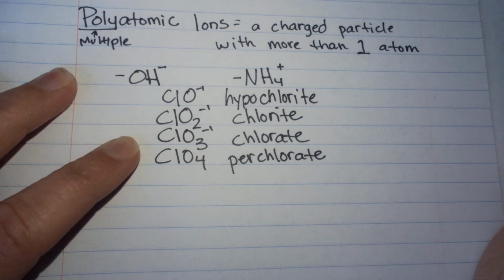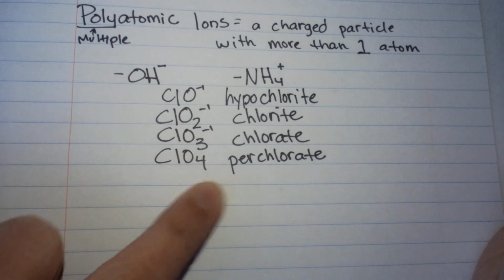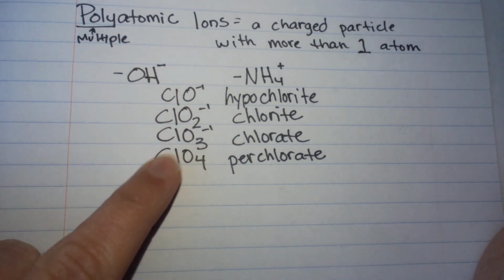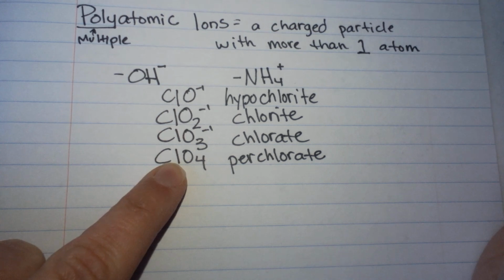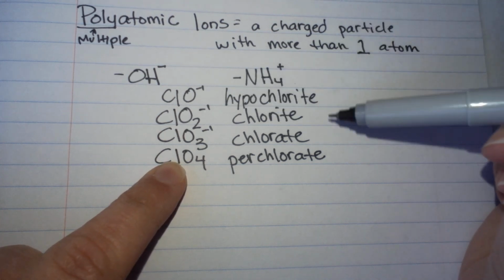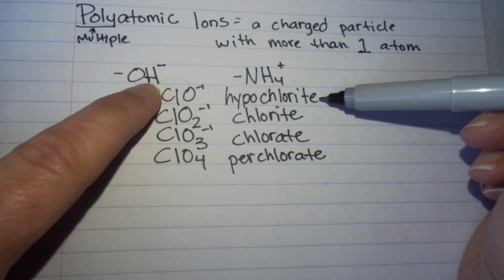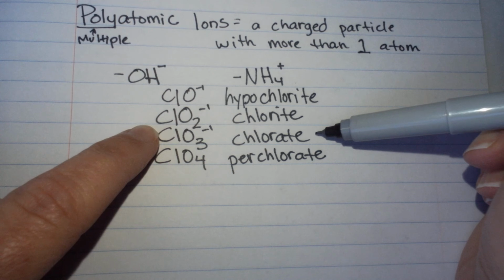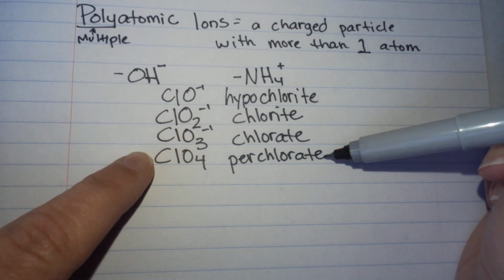What do those endings have to do with? Let's make an observation. What changes in each of these? The number of oxygens, right? So it is a relative association. Hypochlorite has 1 oxygen, chlorite has 2, chlorate has 3, perchlorate has 4 oxygens.